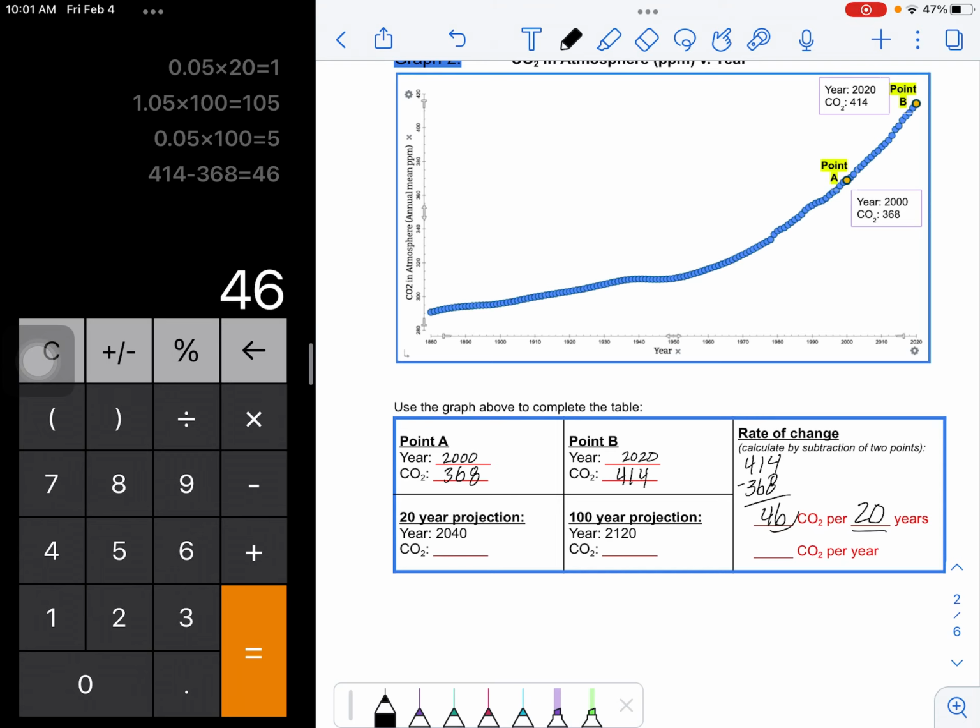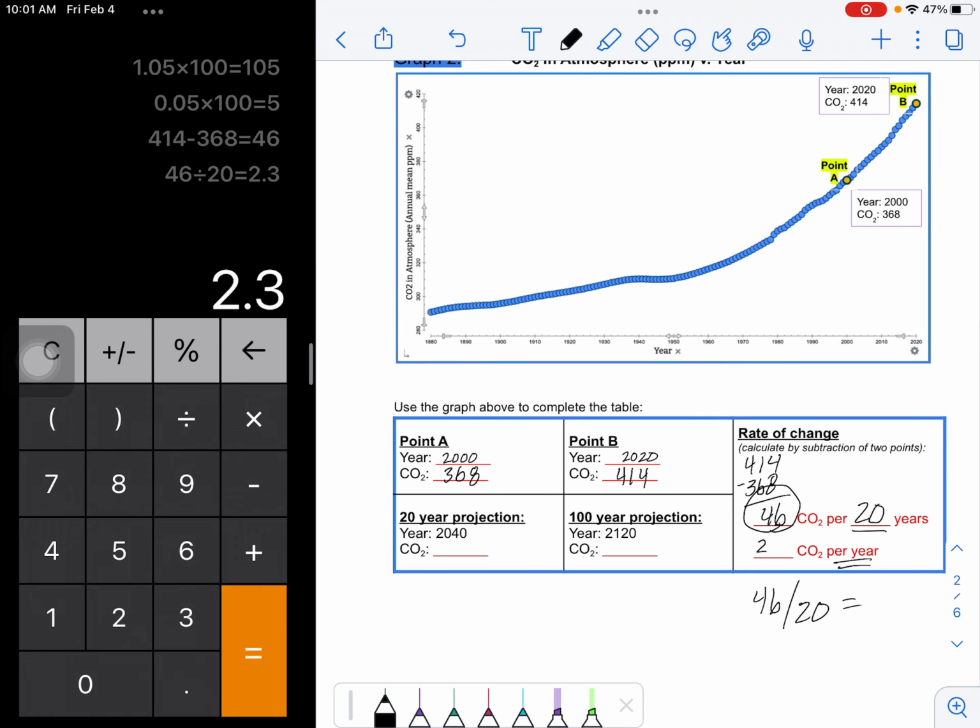So I need to take this number and get my per year value. Well, this is my value happening in 20 years. So I need to divide that by 20 so I can get my per year value. 46 divided by 20. Cool. So 2.3 parts per million increase every year because, again, my trend is going up.